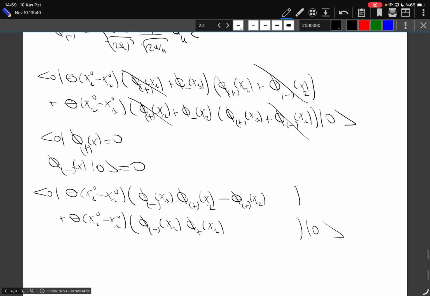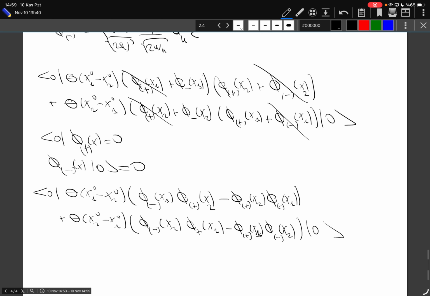Basically, I'm replacing those products by commutators. Just in a moment.